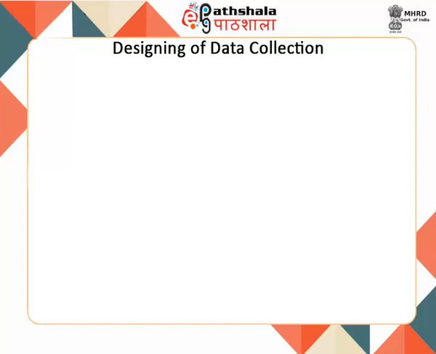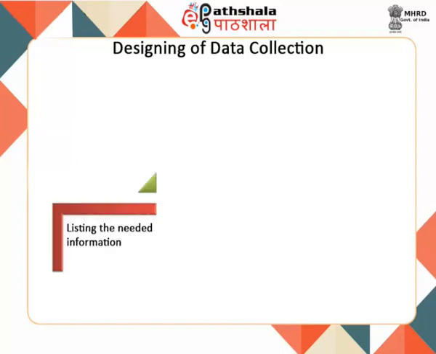The designing of the data collection project can be taken up in the following manner. Designing the overall project. First step. After determining the research objective and listing the needed information, the next step is to check if the required information is already available in company records or outside secondary sources.